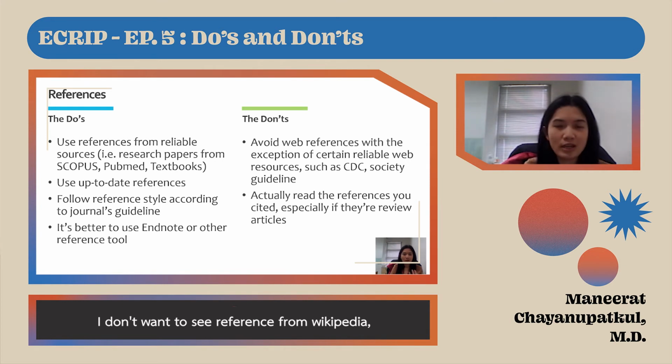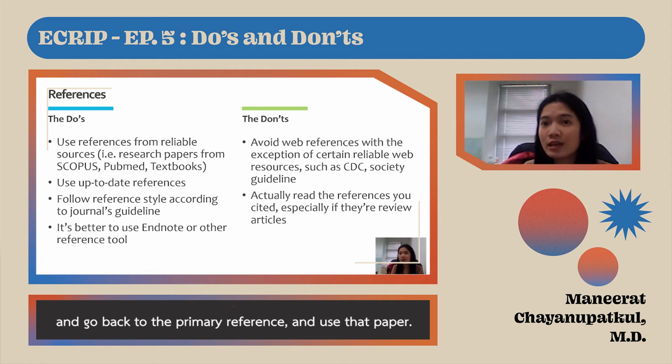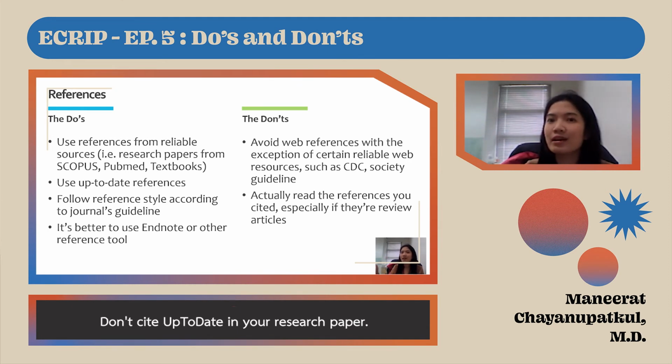I don't want to see references from Wikipedia, Sanook.com, not even UpToDate. If you want to cite from UpToDate, look at what references UpToDate uses and go back to the primary reference and use that paper. Don't cite UpToDate in your research paper. That's usually not acceptable.